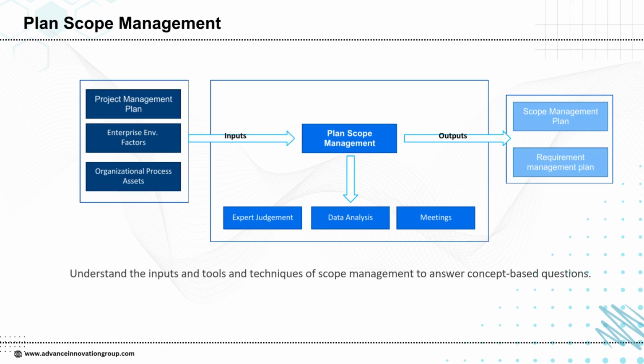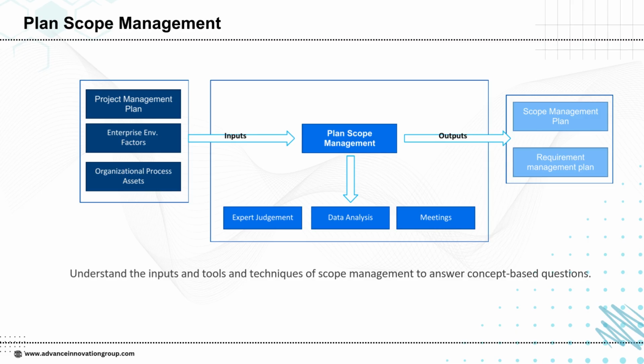This slide explains the flow of plan scope management by showing its inputs, processes, and outputs. To create a scope management plan, we start with inputs such as the overall project management plan, enterprise environmental factors, and organizational process assets. These inputs provide the foundation and context for how scope will be planned.